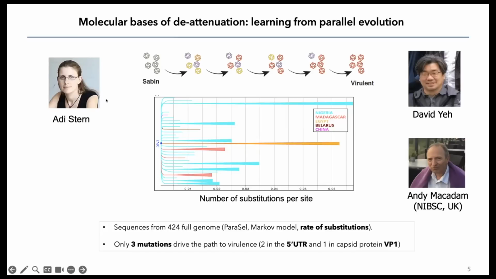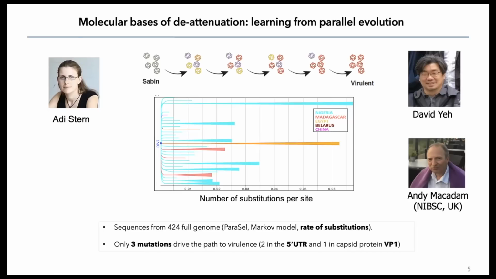And we collaborated with Adi Stern, David Ye, and Andy McAdam at that time to try to understand, using maybe some new statistical tools, a Markov model approach that we call Paracel, what substitutions were important in terms of making the Sabin more virulent.